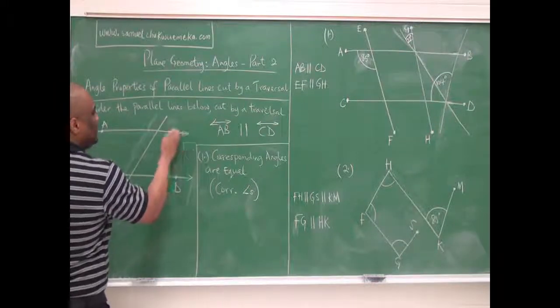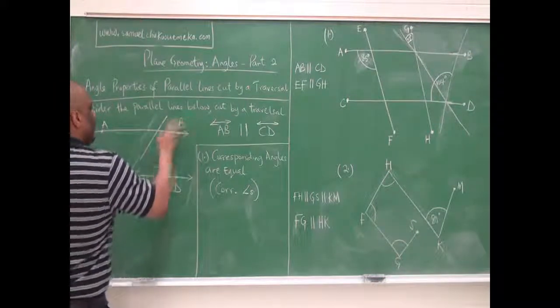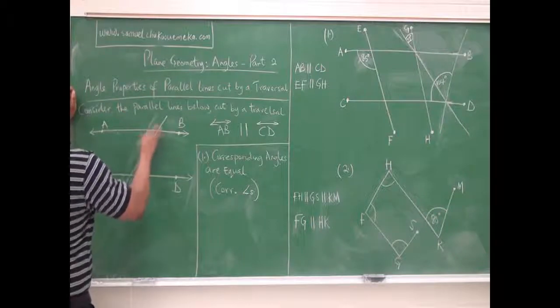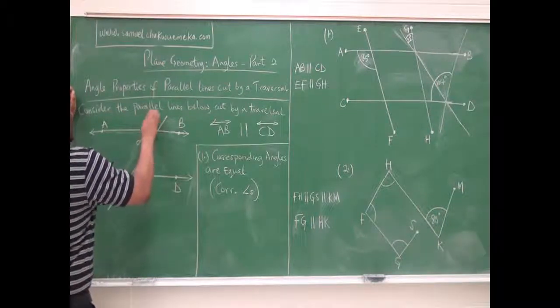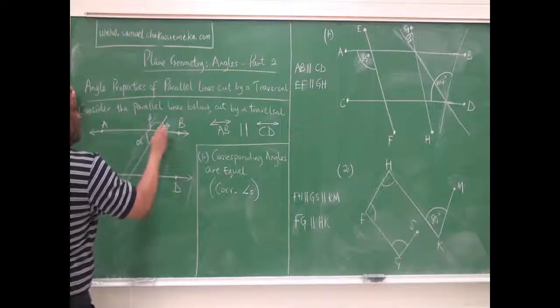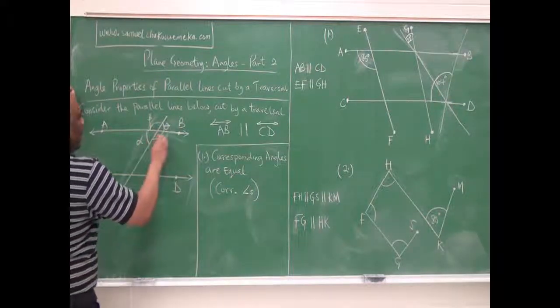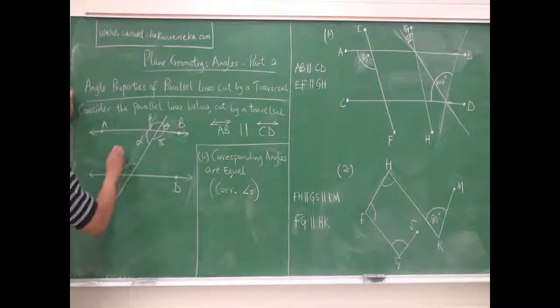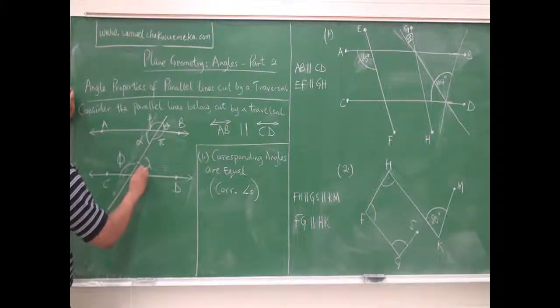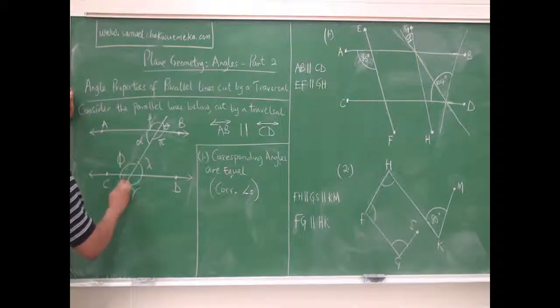Let's go back to this. Assuming we have alpha, beta, and I'm sorry, I'm going to use Greek letters again: alpha, beta, theta, pi, phi, lambda, gamma, epsilon.